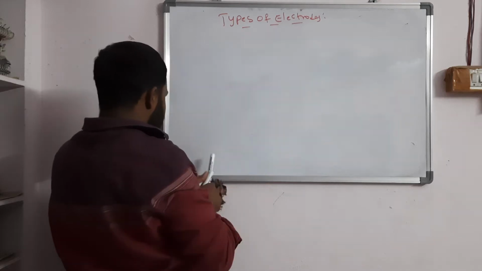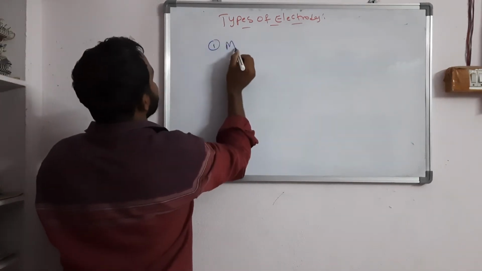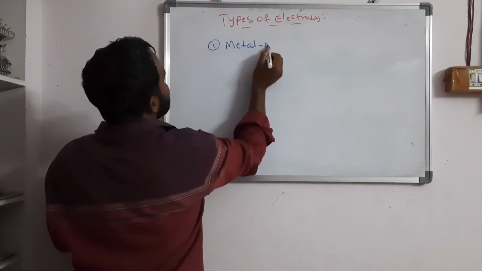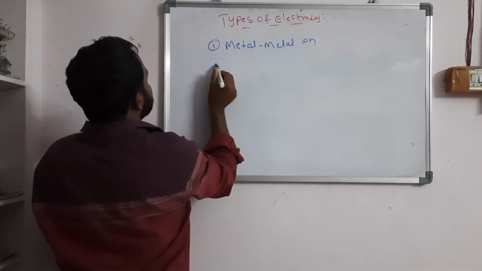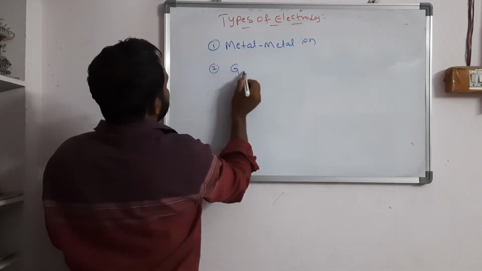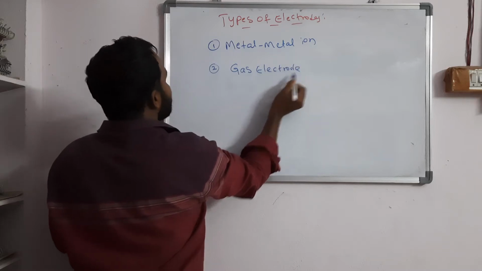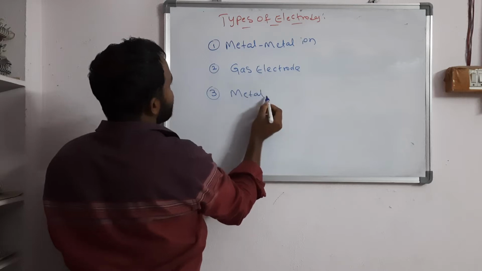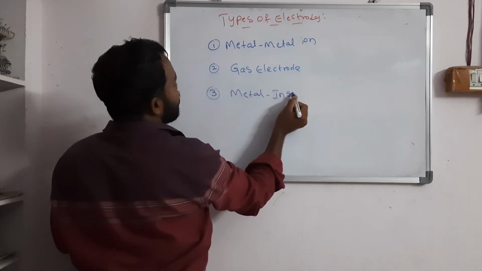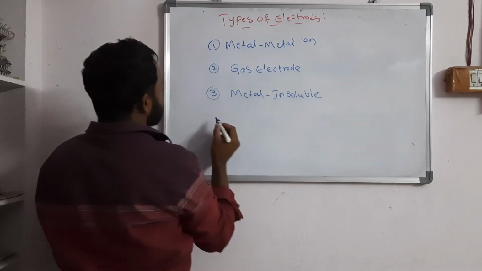The first one is the metal ion electrode. The second one is the gas electrode. The third one is the metal insoluble salt electrode.